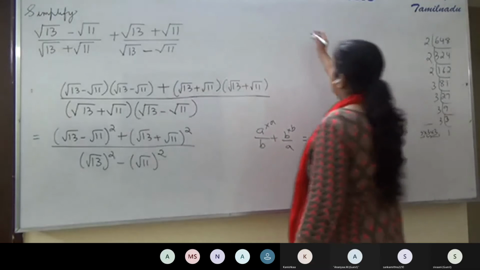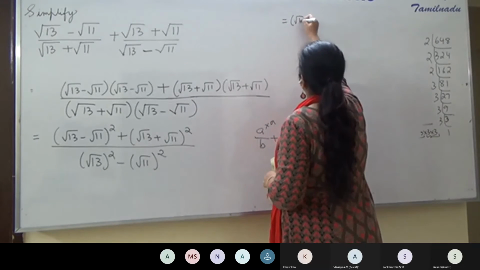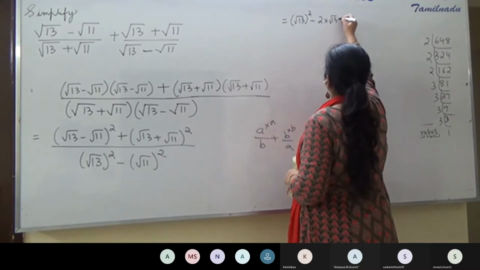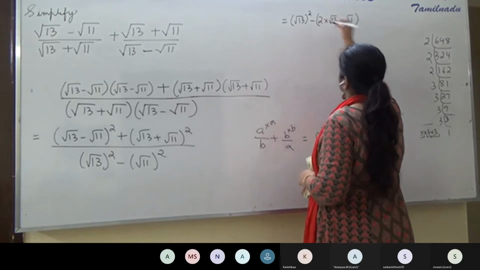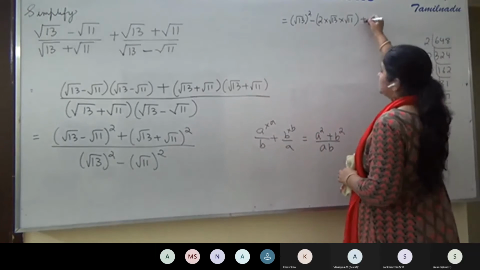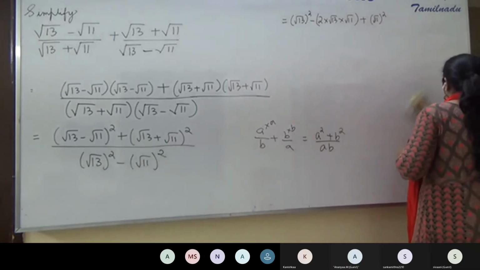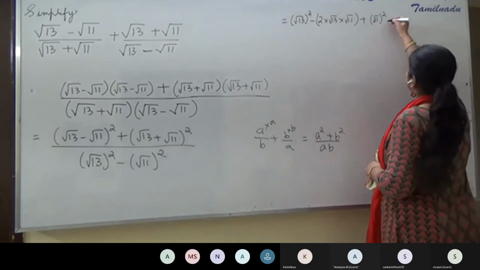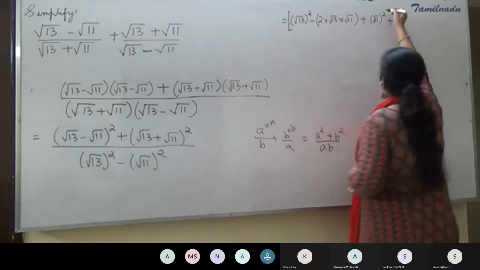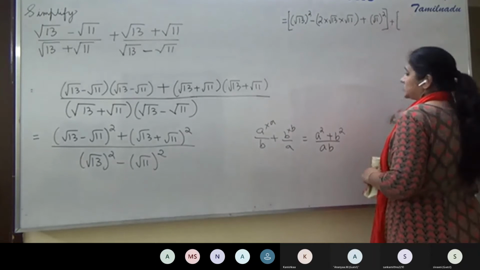Now in the numerator, a minus b the whole square is a square minus 2ab plus b square. Enclose these three terms in a square bracket, and open another square bracket.